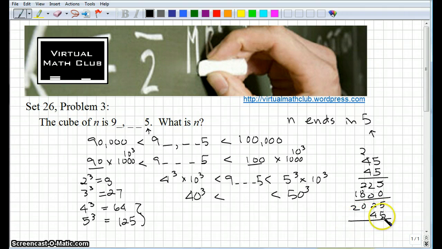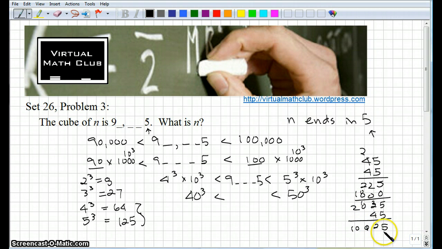Alright, and so we get 25, 10, 12, 0, 10. Oops, I think I forgot something here. Did I? Let's see, 25, 10, oh, this should be 1 because it's a 12, and I carried a 1. Alright, so this is a 1.